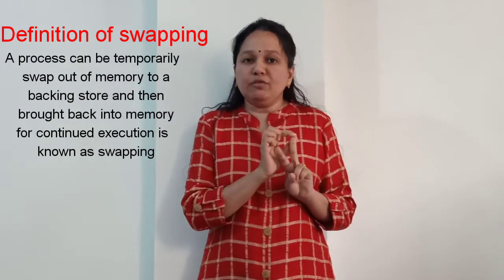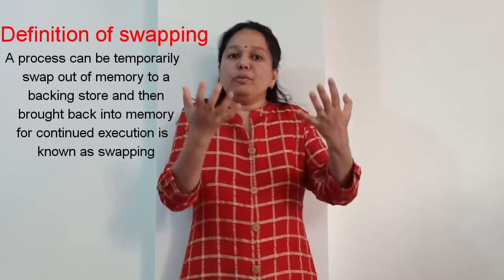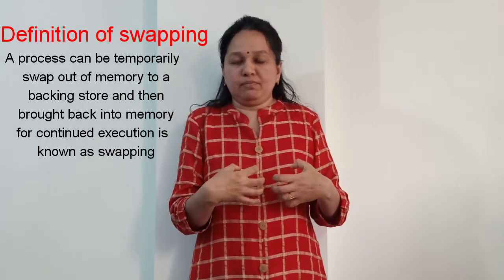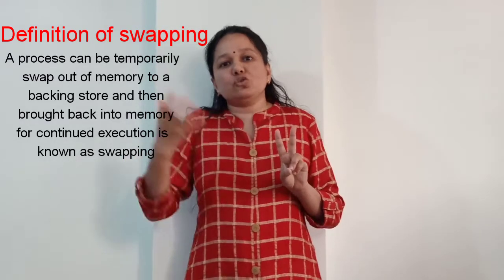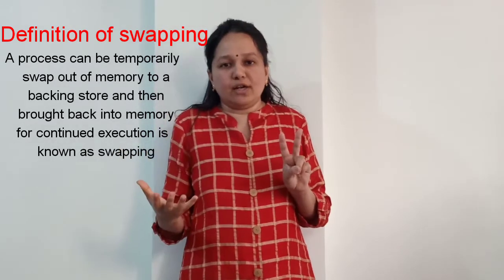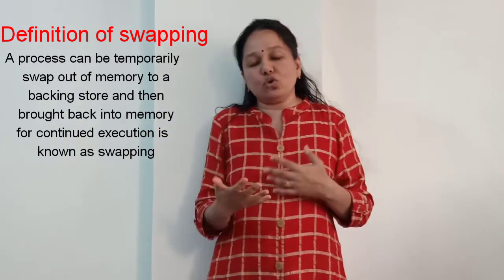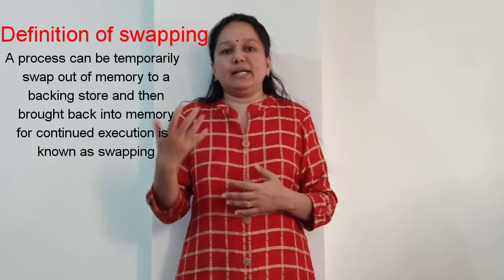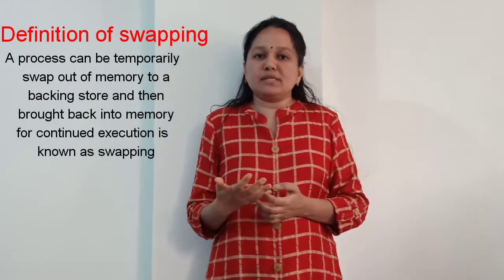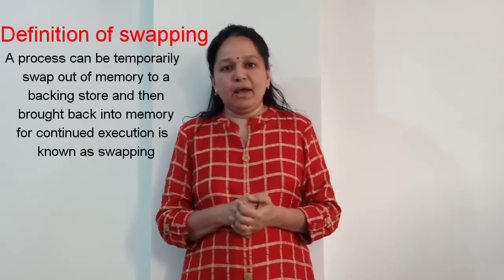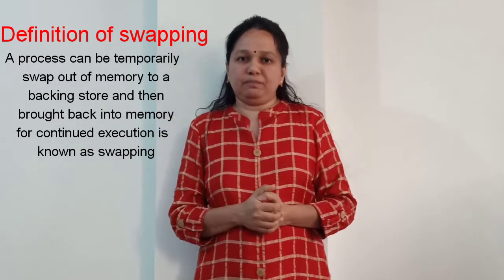It is large enough because this fast drum or disk should be able to accommodate all the memory images, and it must be fast enough so that direct access to these memory images is fast, and this swap out and swap in procedure is so fast that the user will get a quick response, or the CPU can execute a number of processes within a less amount of time, and ultimately we will get the maximum CPU utilization.